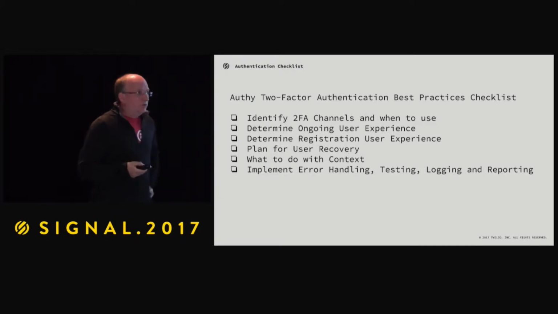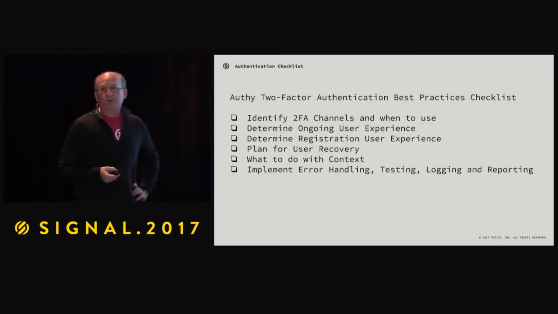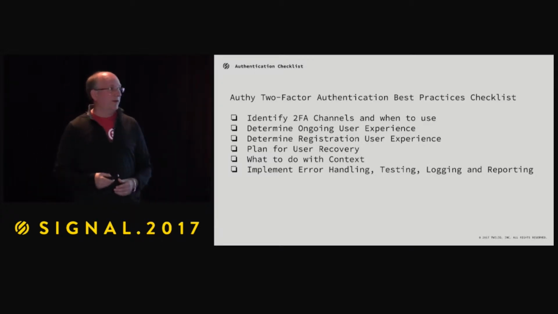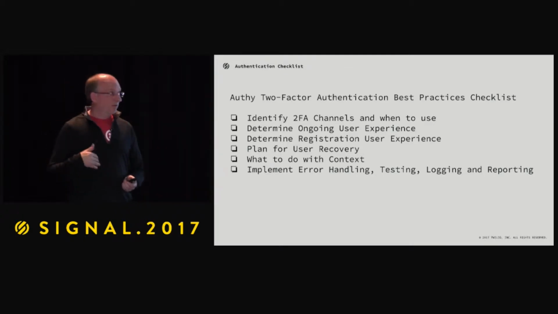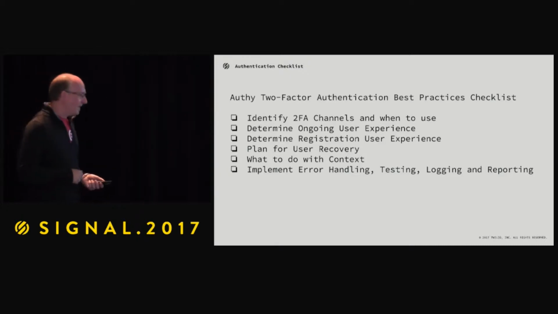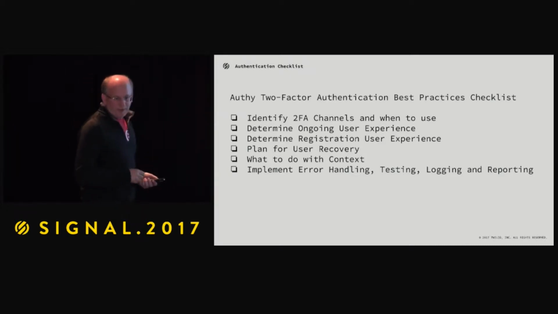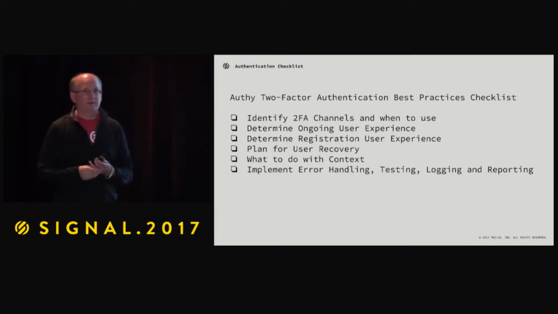You need to figure out what to do when something goes wrong for your user. It's very important that you can find a secure way to let a user recover, maybe in a self-service way, so they don't even have to call the help desk. You want to make sure that they have some redundancy in their two-factor solution. And then we've got this new feature that I'm going to show a little bit about, what to do with context.